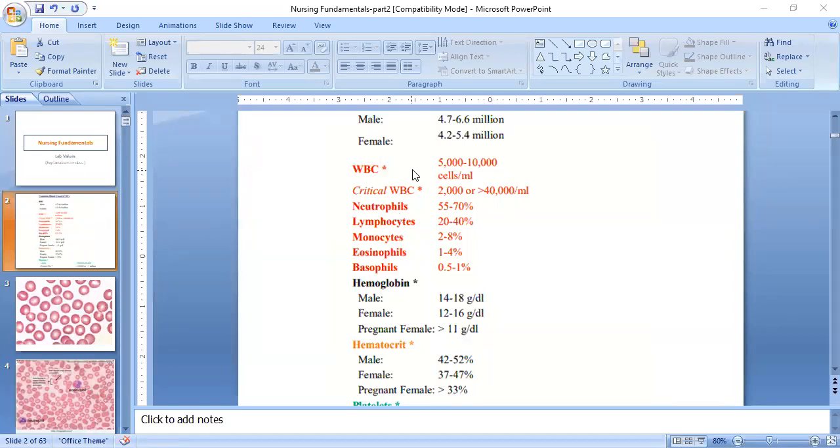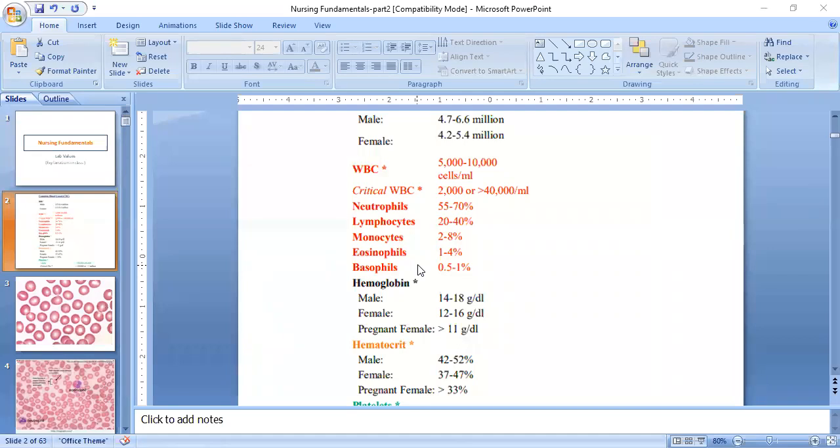So neutropenia, basically, is neutrophil count less than 2000 per cubic millimeter of blood. When neutrophil number is reduced, it indicates compromised immunity. It indicates the patient's immunity is not strong, weak immunity, right?